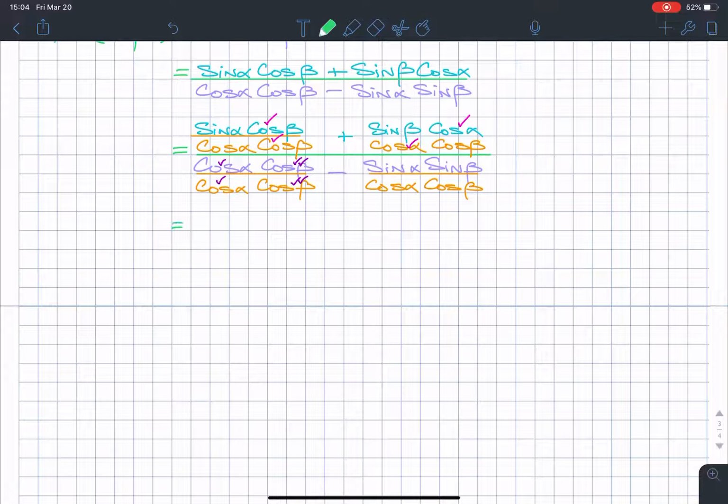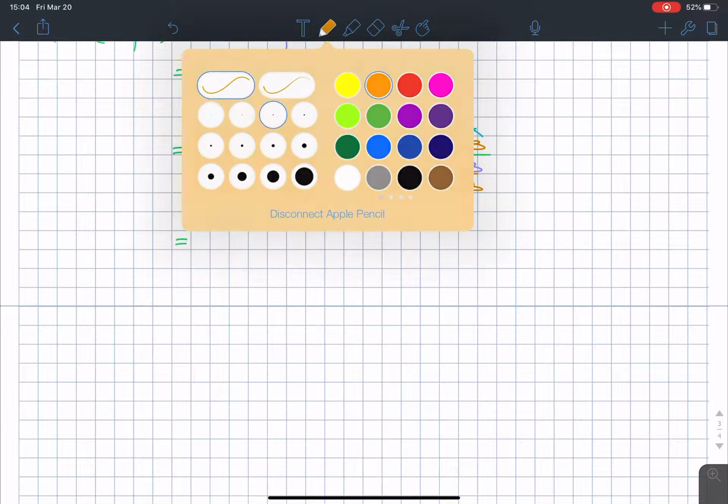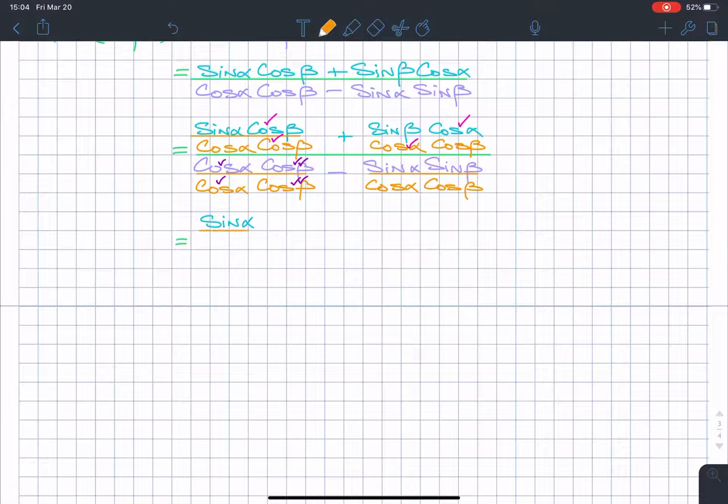In the numerator, I still have a complex fraction. Let me move that down a bit. So I have sine alpha over cosine alpha for the first term in the numerator, plus the second term in the numerator, sine beta divided by cosine beta.